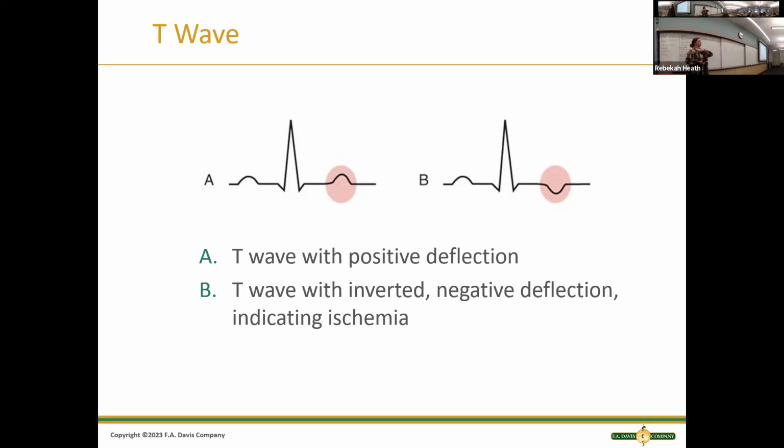This is where we're still looking maybe at V2 or one of those leads that will look normal, and everything else is doing what it normally would do, but then that T wave is inverted. That means that there's some damage. What it really means is that the signal, how we normally see it, is having to go around somewhere else. There's some damaged tissue, so it's taking an alternate route. That's why we're seeing it look a little bit different.